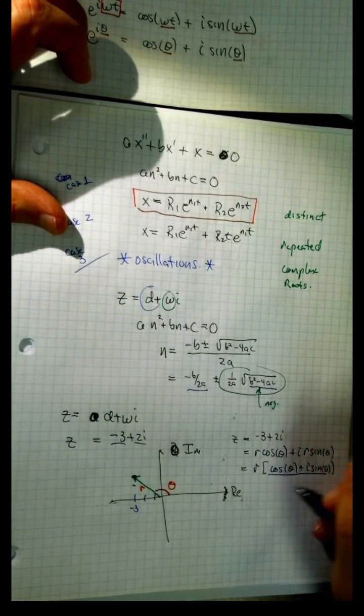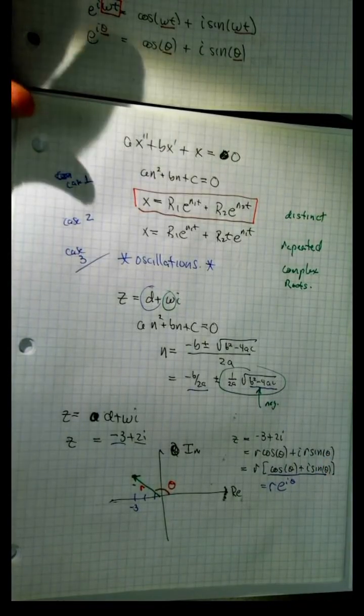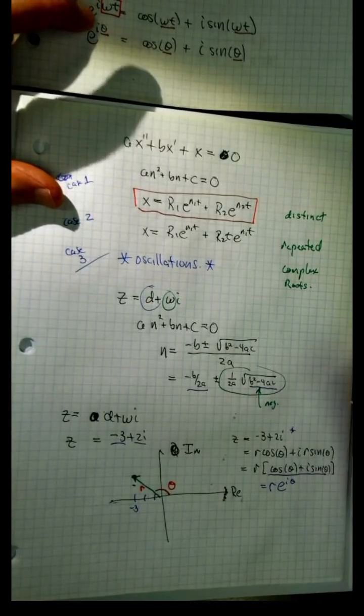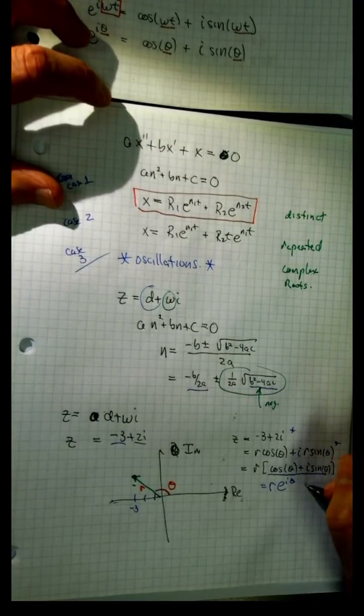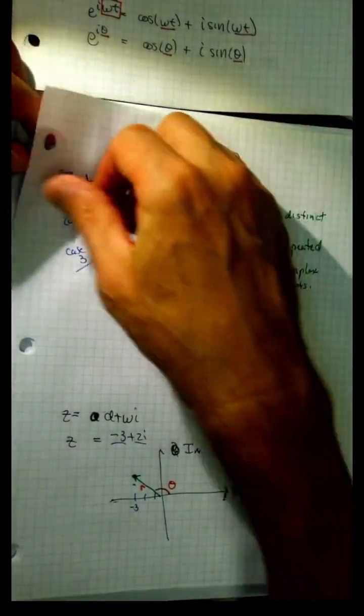And this thing we can now write using Euler's formula. So this idea that we can look at these numbers in rectangular form, polar form, and Euler form is going to be really important.